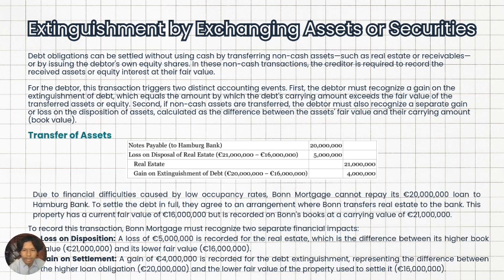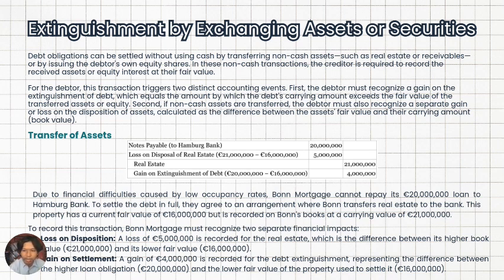So Hamburg Bank agrees to accept real estate with a fair value of 16 million euro from Bond Mortgage in full settlement of the 20 million euro loan obligation. The real estate has a carrying value of 21 million euro on the books of Bond Mortgage.